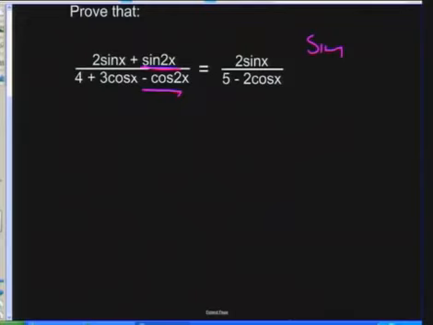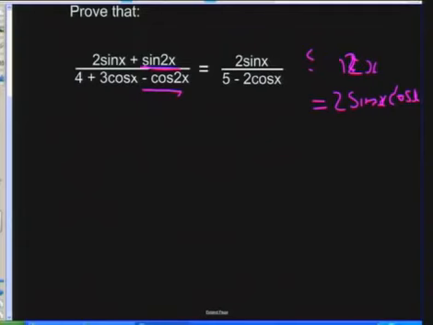Sine 2x is equal to 2 sine x cos x. So I can use this.